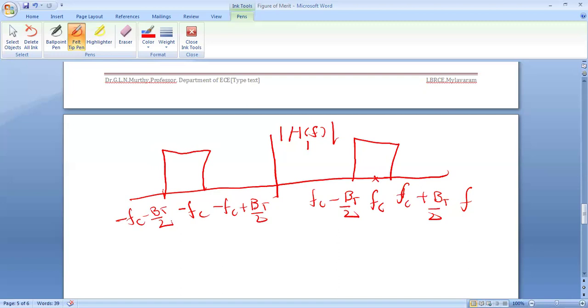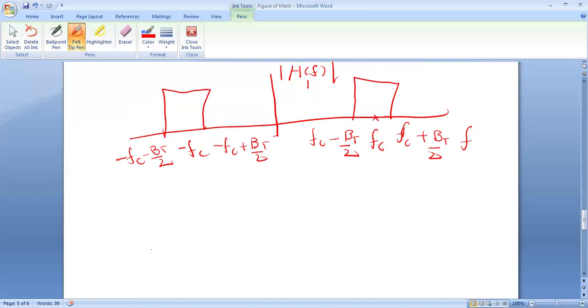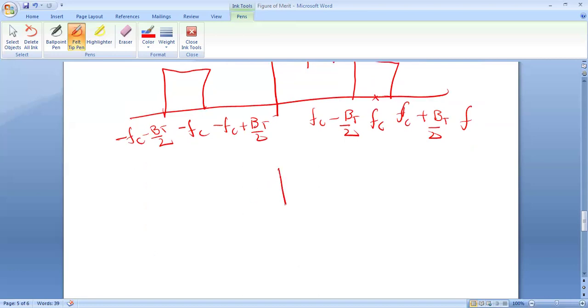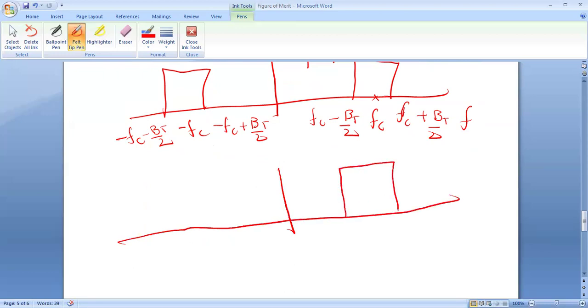The IF section characteristics rely on the center frequency of the IF section. For double sideband full carrier AM, double sideband suppressed carrier AM, and FM, the center frequency is fc only. Why? Because here we are transmitting both the upper sideband and the lower sideband. However, when we talk about SSB, the center frequency will definitely vary based on which sideband you are transmitting.